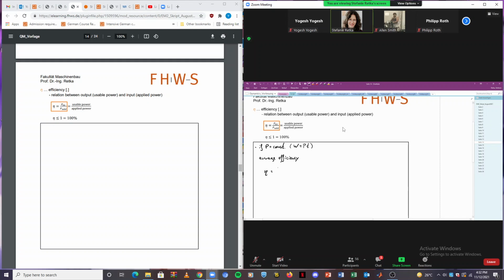So we can also say that the efficiency can be obtained by dividing the extracted work over the added work.